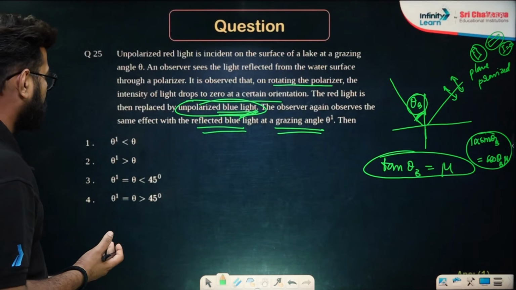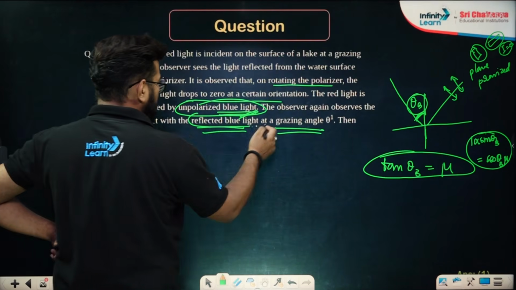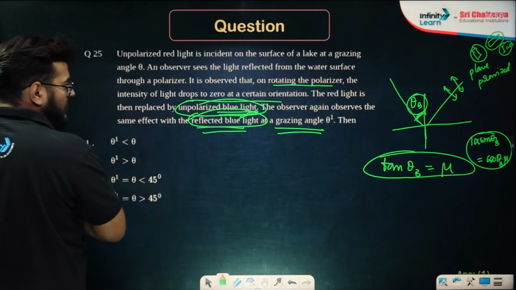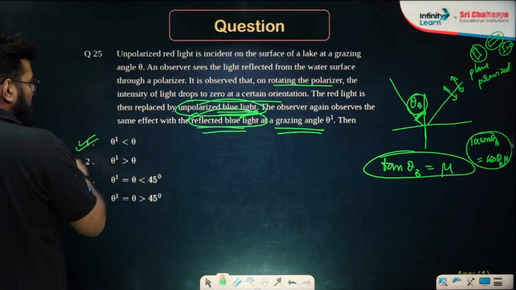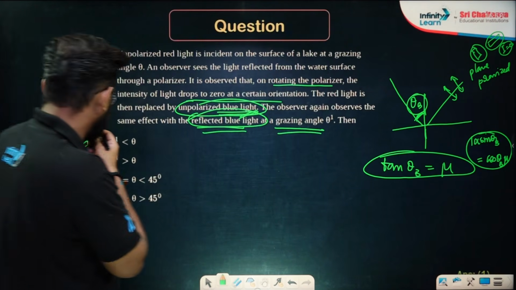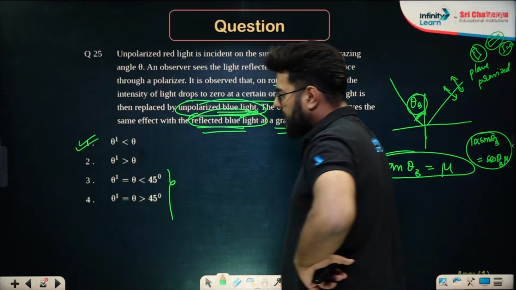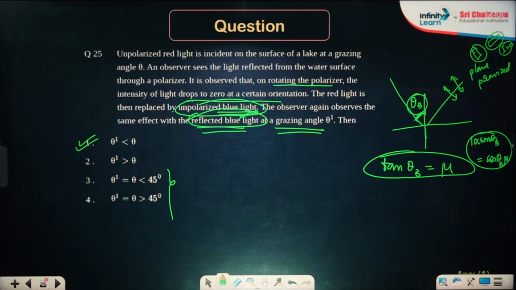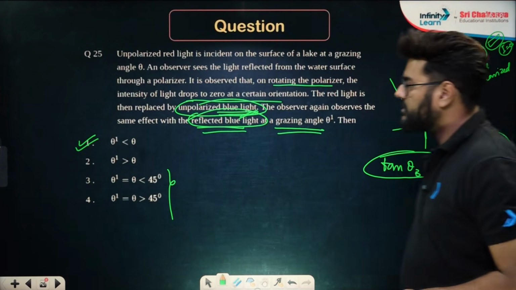Is it clear or not? So for the blue light, the grazing angle theta1 will be lesser than the angle for the red light. Am I making sense? So this is the scenario when we use a blue light over here. There's no sense of a 45-degree angle over here. That's not the case which we have to discuss.